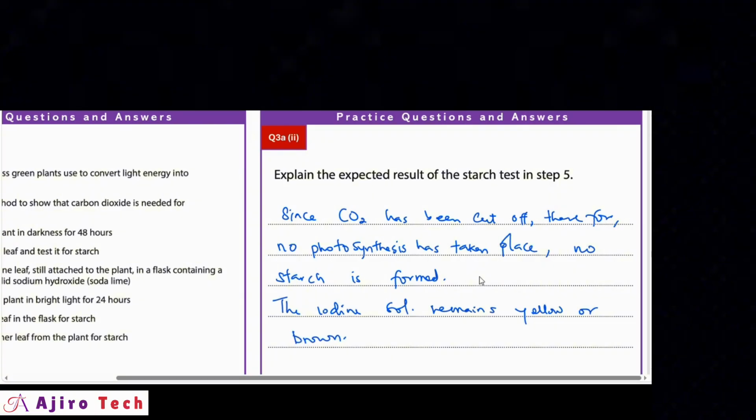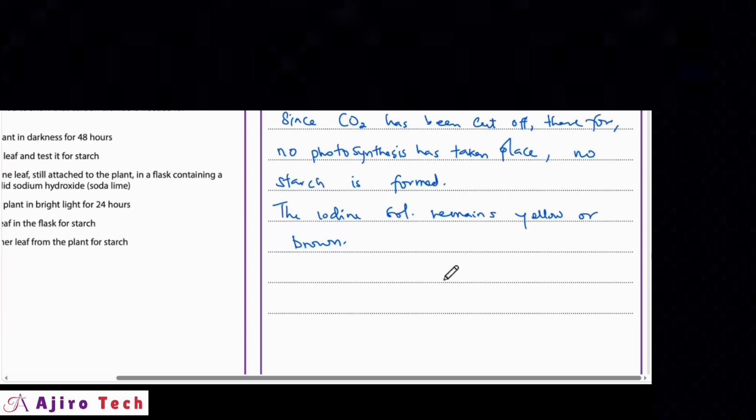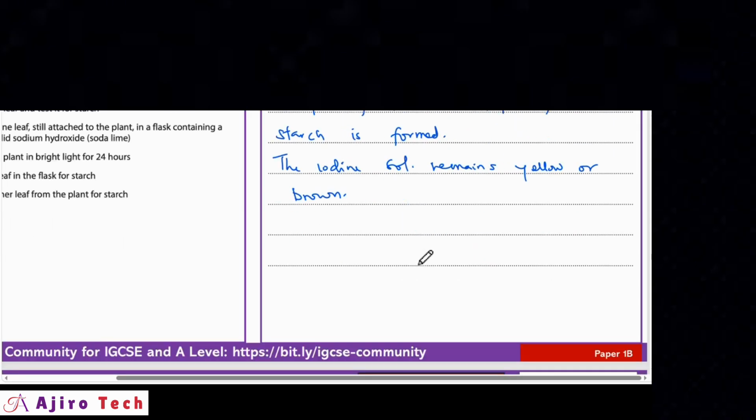No color change is observed. No color change of the iodine is observed because a positive test shows that the color of the iodine on the leaf changes from yellow or brown to purple. That's a positive test. It shows that starch is actually present.